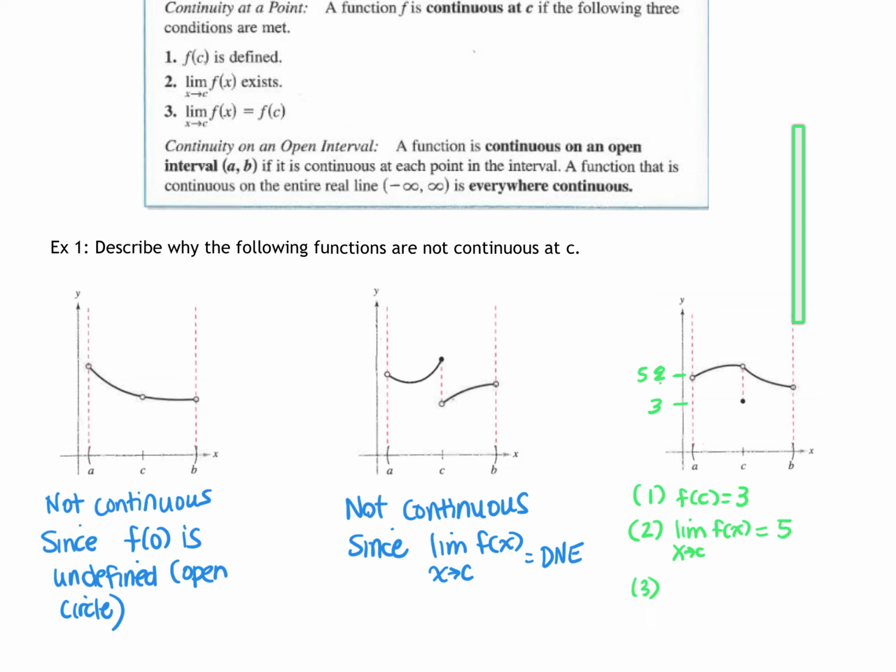The third qualification, in order to say that it's continuous, is that those two things we just wrote have to be the same thing. So because f of c is not the same as the limit as x approaches c of f of x, this is not continuous. It's not continuous because that third condition failed.